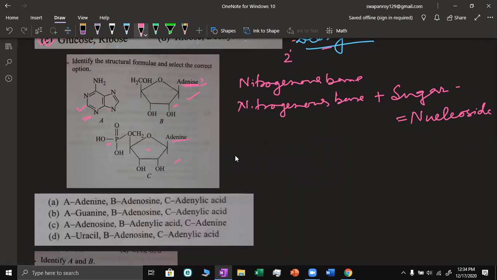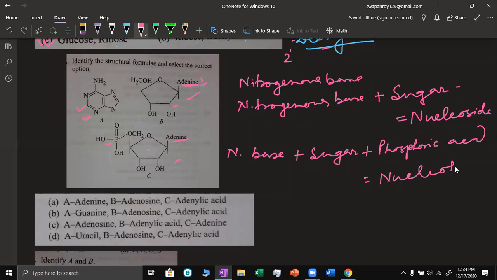And here nitrogenous base plus sugar plus phosphoric acid is a nucleotide. So this one is a nitrogenous base.